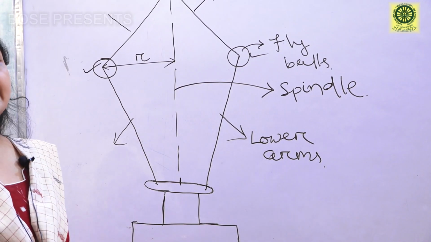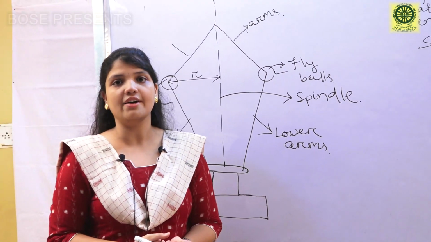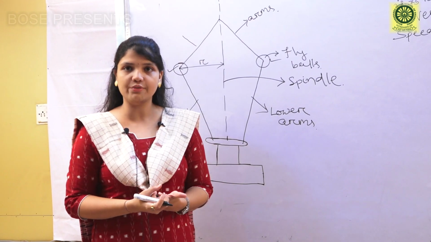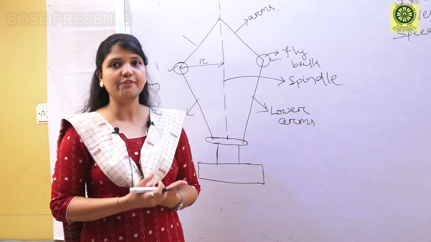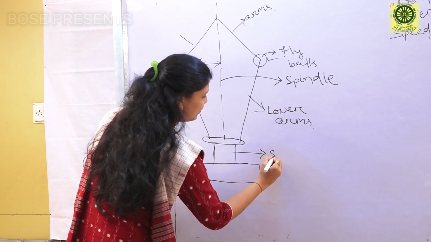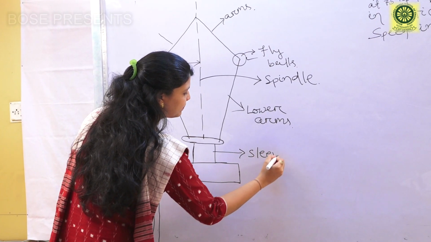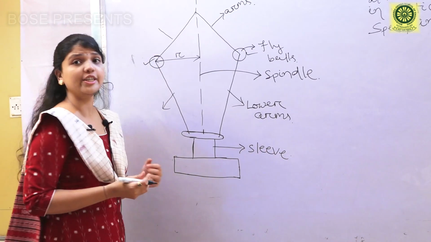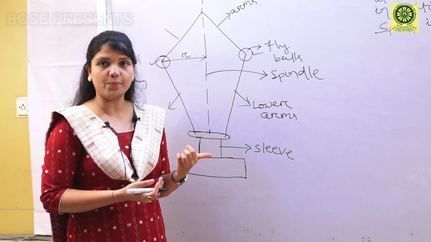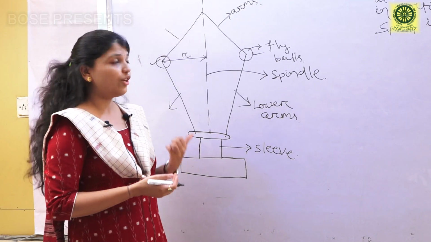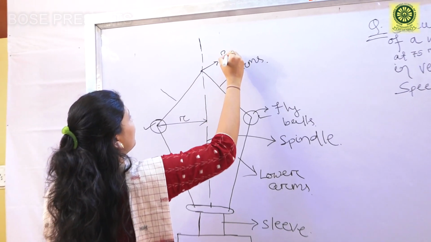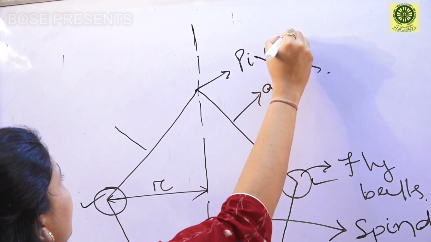This spindle is connected with the engine shaft with the help of the bevel gear. So when the engine shaft rotates, this spindle will also rotate. This one is the sleeve. According to the change in speed, the sleeve will move upward or downward along the spindle. This point is known as the pivoted point, or the pivot.